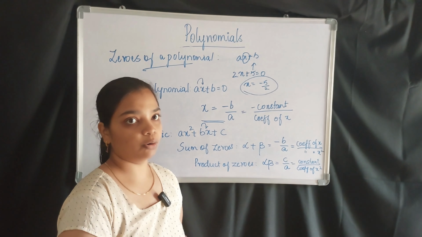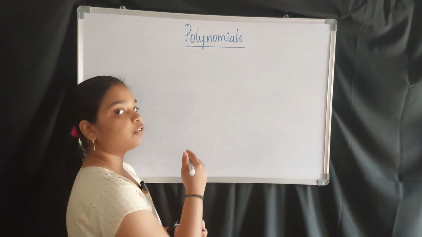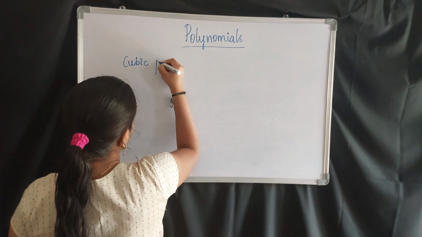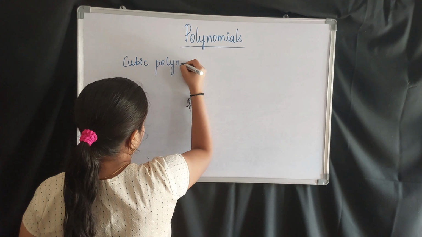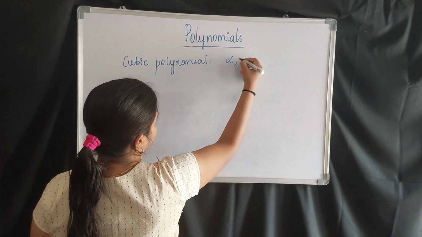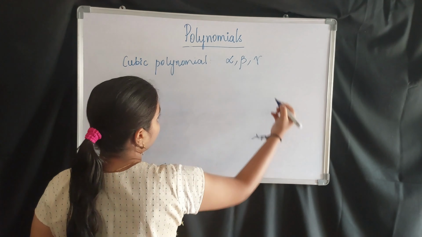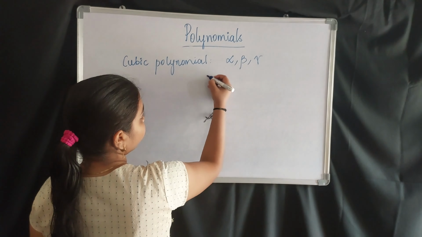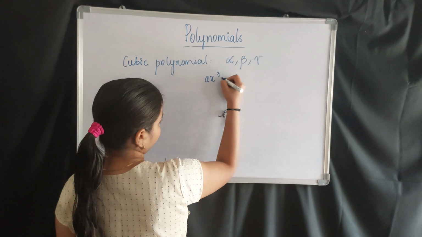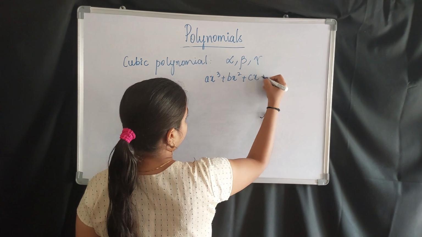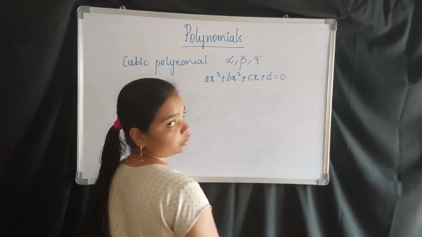Let's see cubic now. For cubic, how would you find zeros? Zeros of a cubic polynomial. Let's say alpha, beta, gamma are three zeros of this cubic polynomial, which is in the form ax cube plus bx square plus cx plus d is equal to 0.